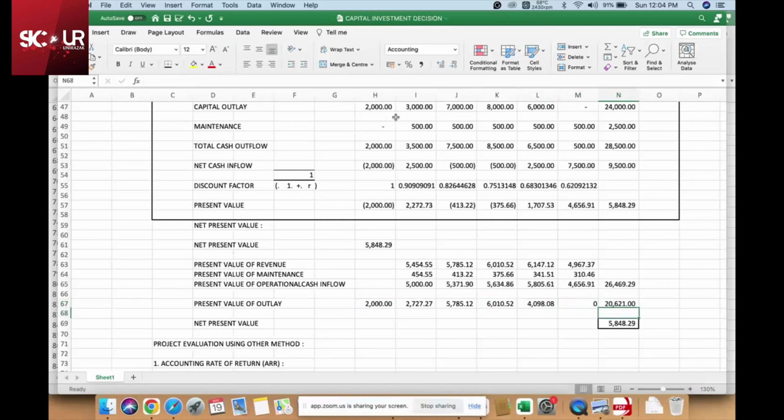So the net present value is the difference between the present value of operational cash inflow and the present value of the outlay. So it's 5.8 million.